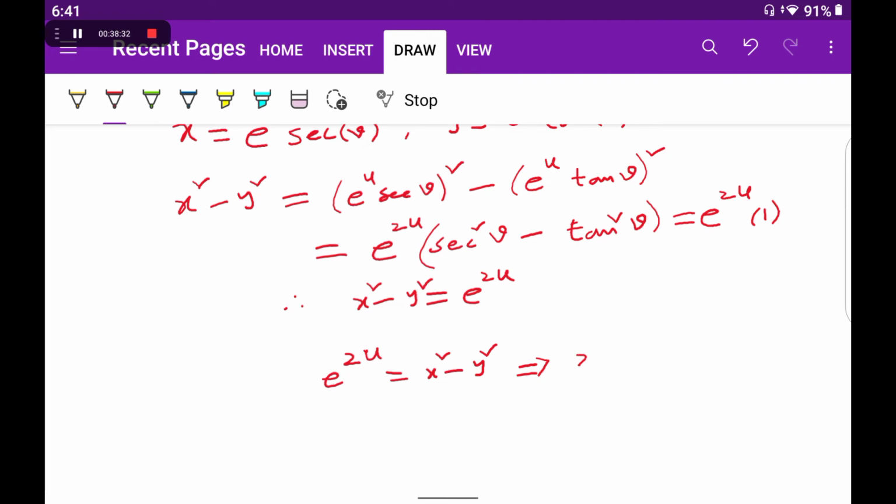You take logarithm on both sides, you get 2u equal to log of x square minus y square. So u equals 1 by 2 into log of x square minus y square.